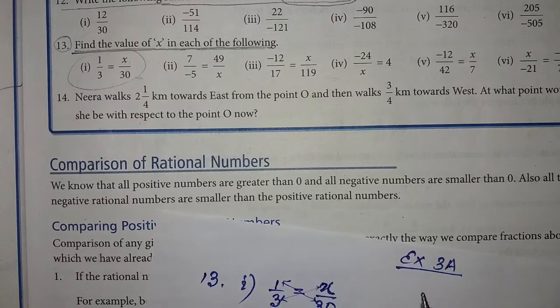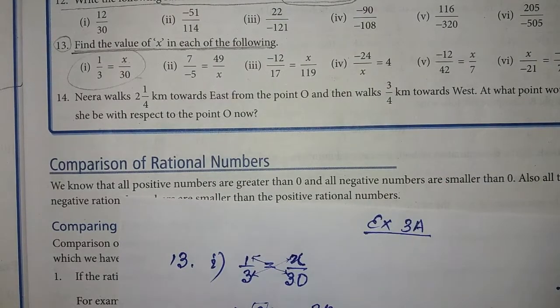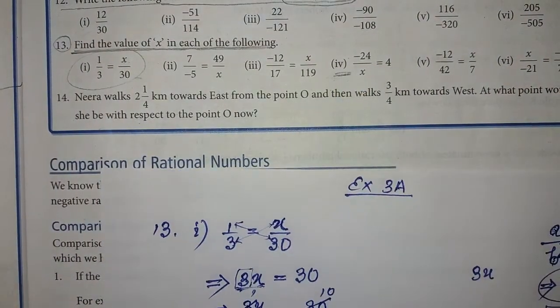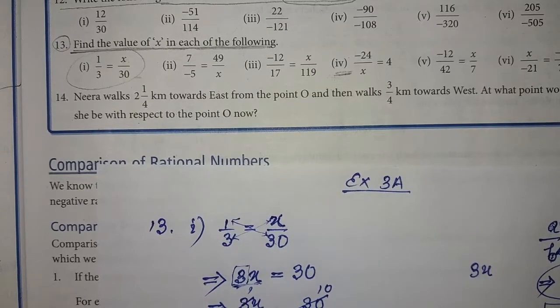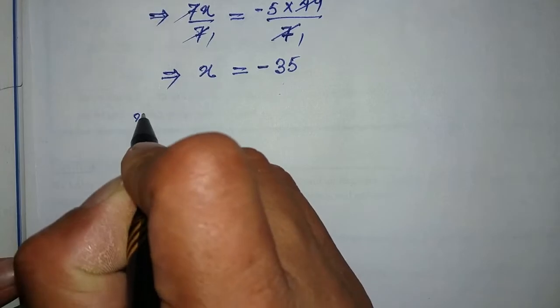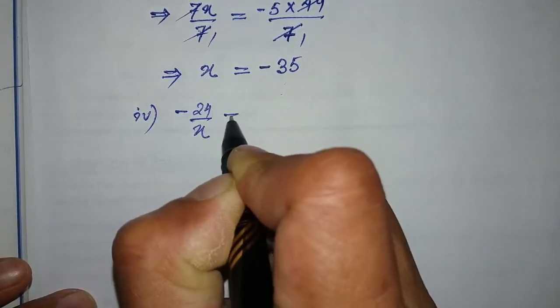Let's see this Roman number 4. Minus 24 by x is equal to 4.